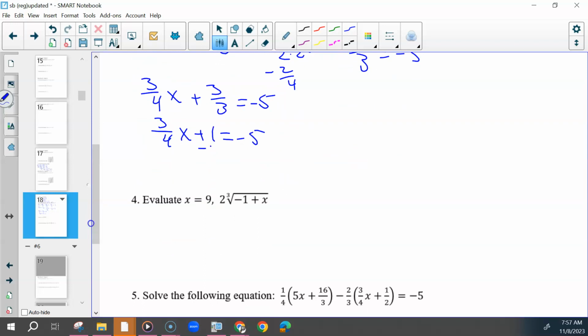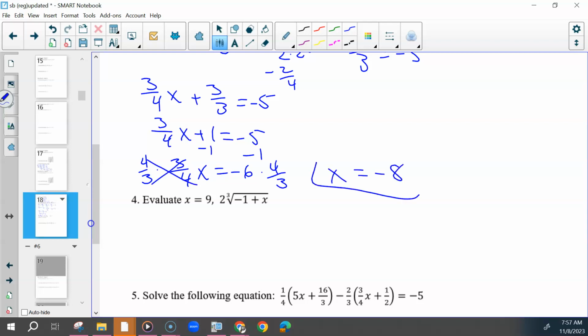Get rid of 1 by subtracting. And then how could I get rid of the 3/4? Divide. So let's stop dividing at this point, flip it, and multiply. So that x equals -24/3 or -8.